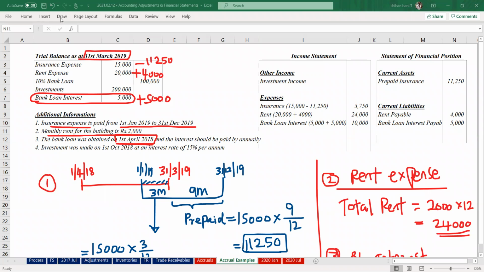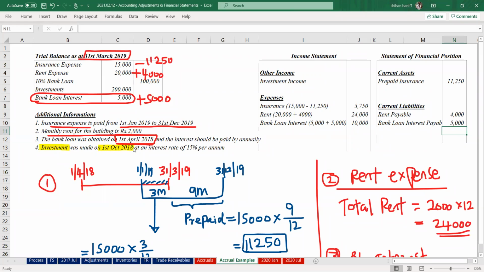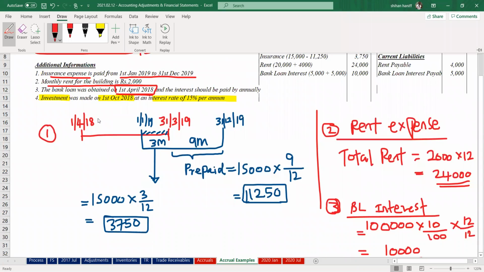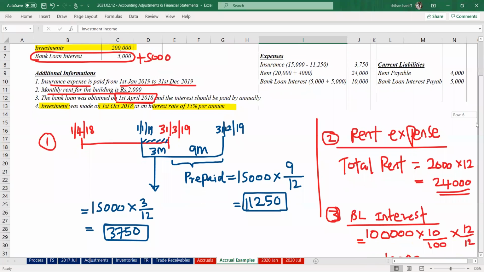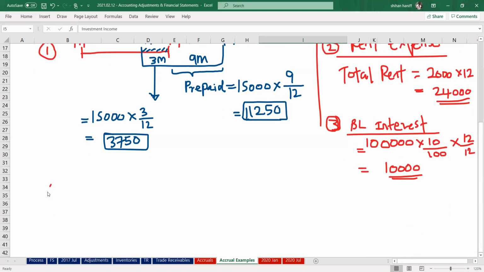And finally, we have the investment. Investment was made on 1st of October 2018 at an interest rate of 15% per annum. Here the investment value is given, 200,000. How much is the investment income? We have not received any investment income.